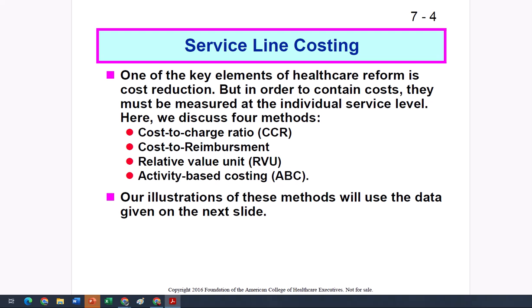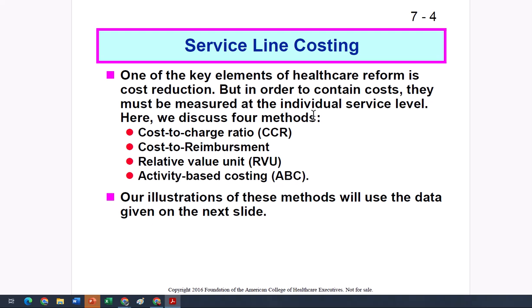So there's kind of four basic methods that the textbook talks about: cost to charge, cost to reimbursement, RVU, activity based costing. So we'll just go over these. Again, I actually did this back in the day with spreadsheets, the same kind you're going to see.